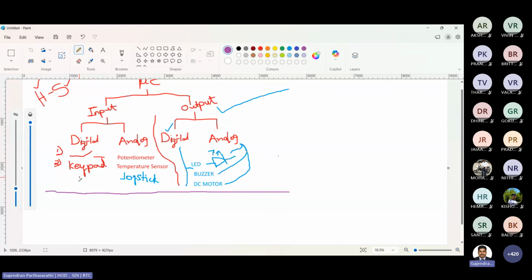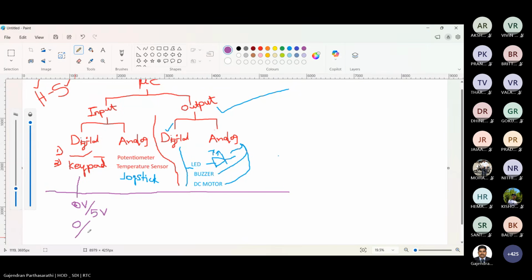If it is digital, we have only two states, that is 0 volt or 5 volt. Please take down very clearly. If it is digital, we will make 0 volt or 5 volt, or else 0 or 1.